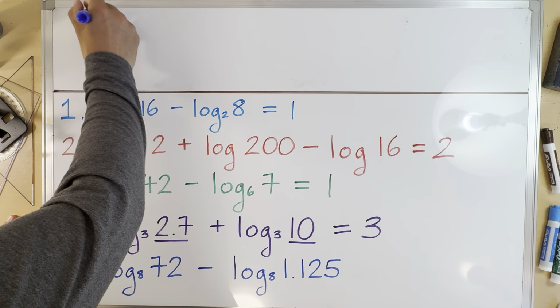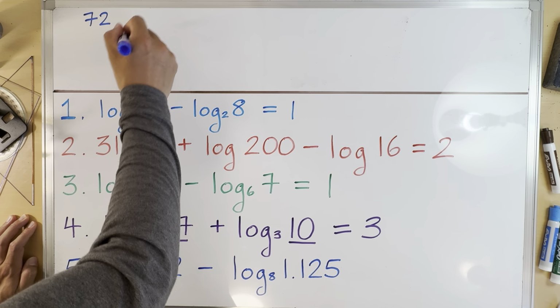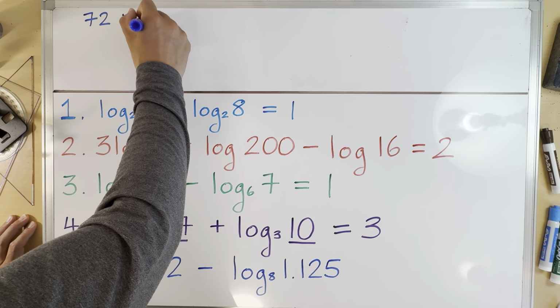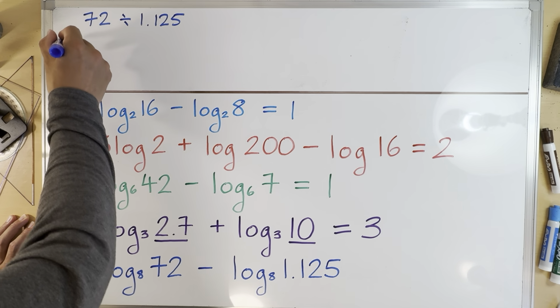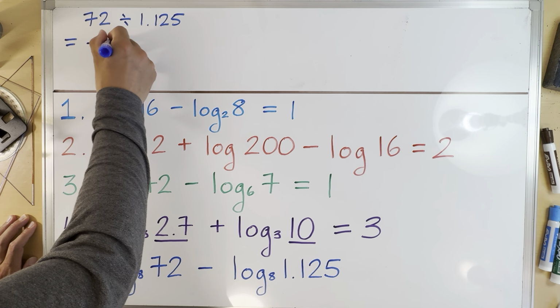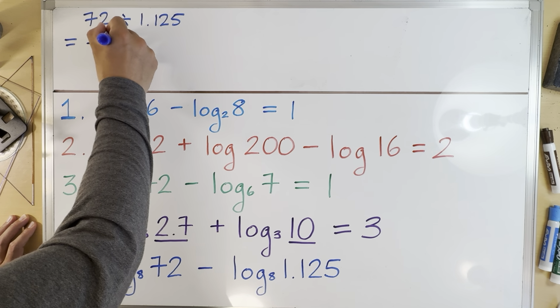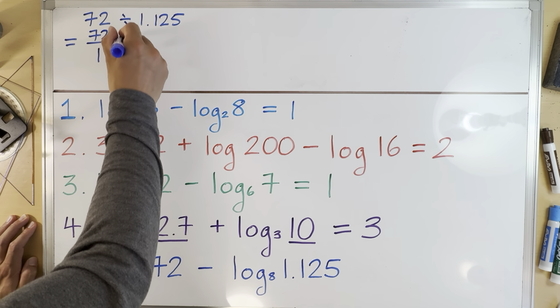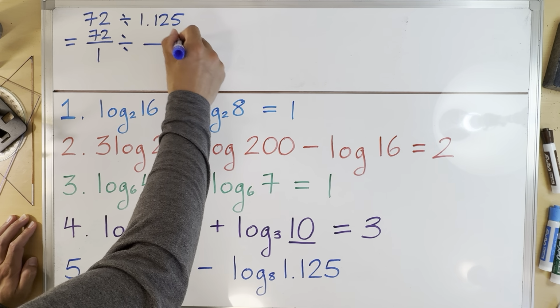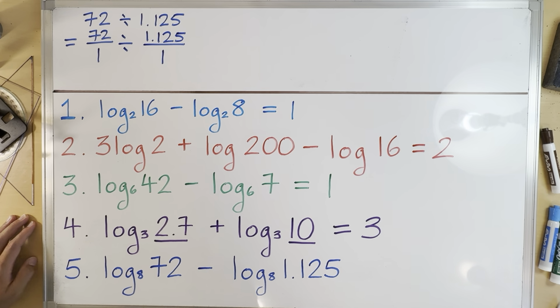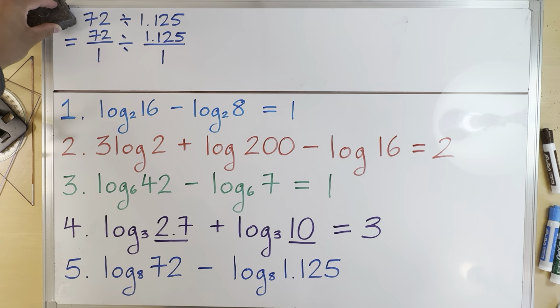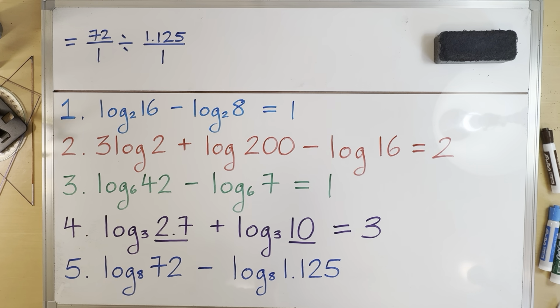So 72 divided by 1.125. If you put it into a fraction, this will be equal to 72 over 1 divided by 1.125 over 1. Now, here's something that we need to think about.